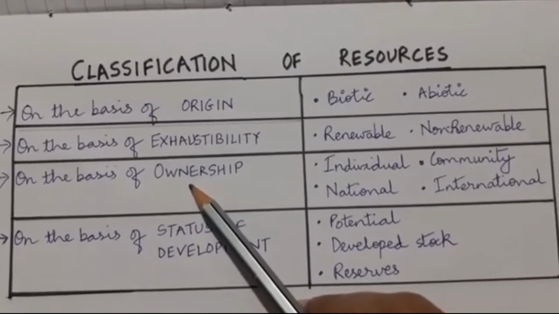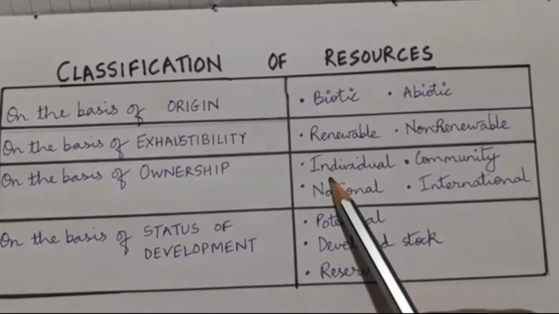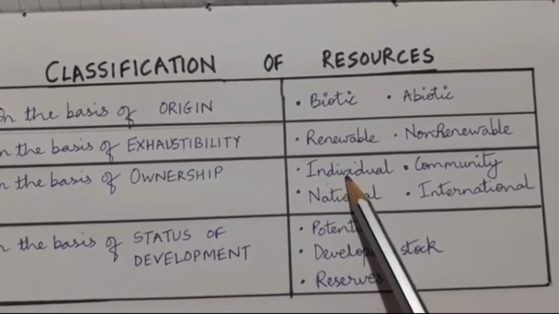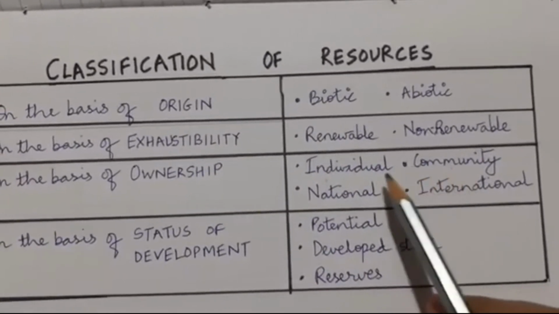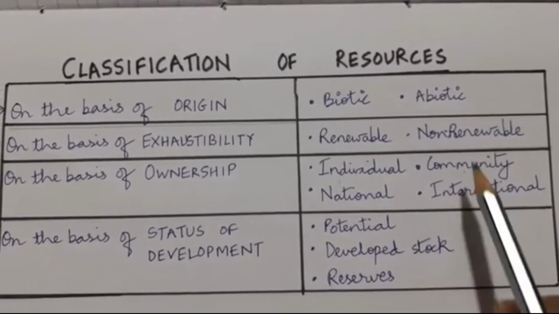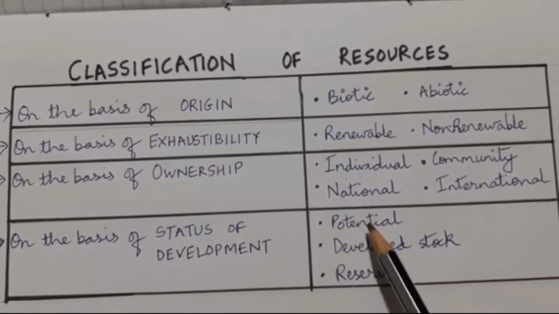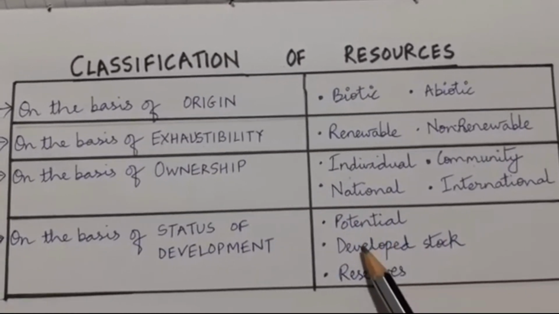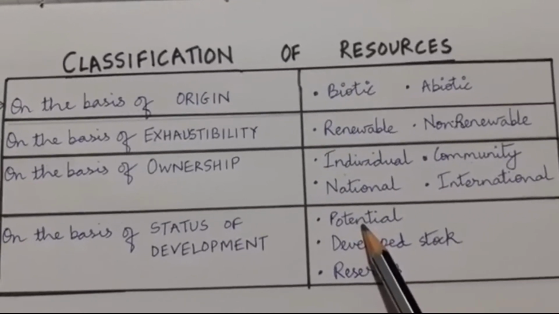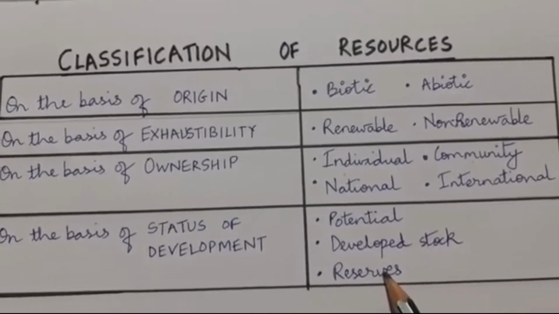Whereas on the basis of ownership, resources can be categorized into four: individual, community, national, and international. And on the basis of status of development, resources can be classified into three categories: potential, developed stock, and reserves.